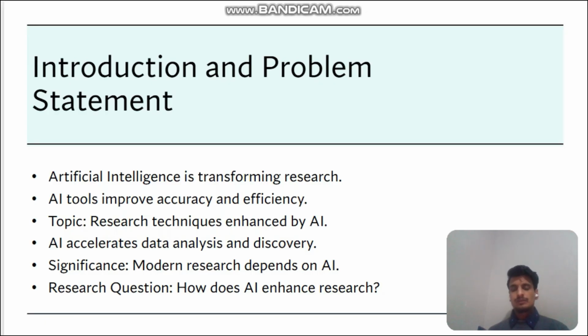If you are doing your data without AI, you are gonna face some problems, and the topic will take more time. So AI accelerates data analysis. AI helps to get the results, and AI also helps to discover new things in less time.